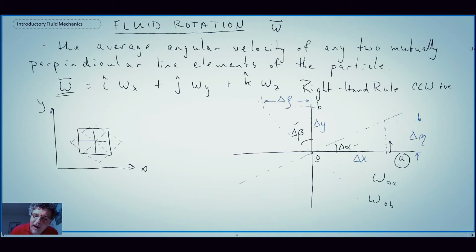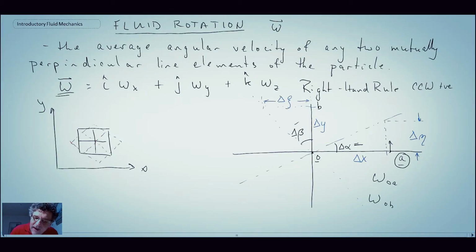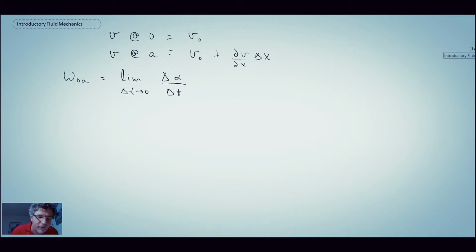If we look back, alpha is just this angle. So we're looking at the change of that angle with respect to time, which is the angular rotation rate. That's pretty simple, kind of makes sense. But what I'm now going to do is substitute for delta alpha, and I'm going to use the small angle approximation in doing this.